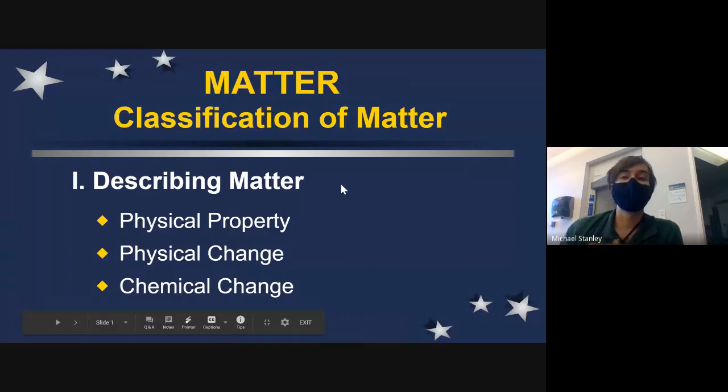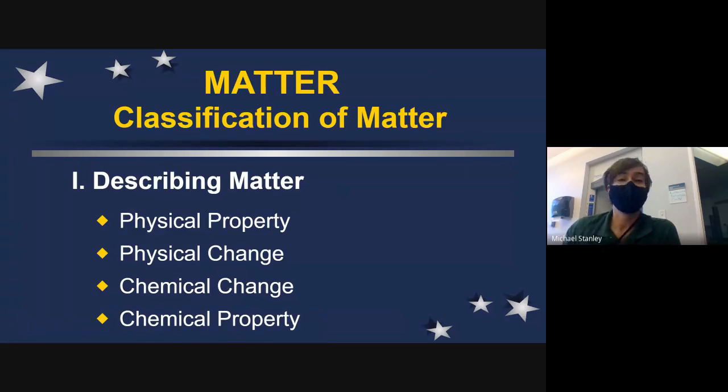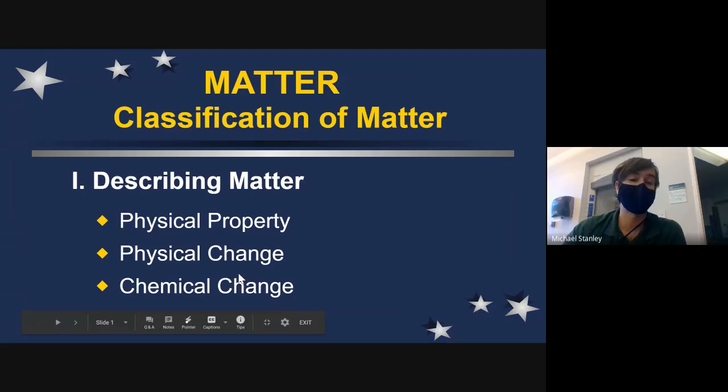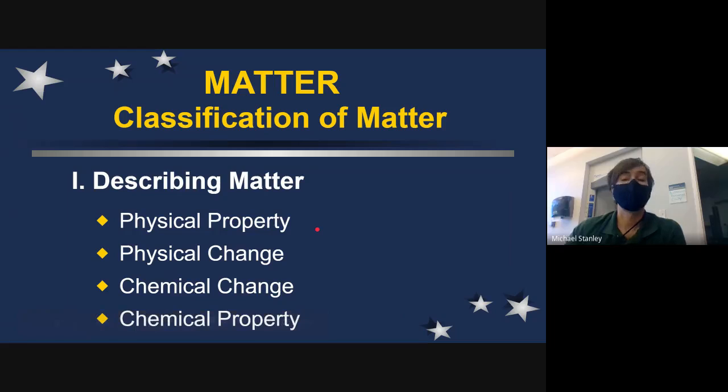There are a couple different ways that we can describe or observe the matter that is out in the universe. We can describe its physical properties and physical changes, and then we can also describe the chemical properties and chemical changes of the matter. So today we're just going to go through these one by one, talk about what they mean and what are some good examples of these things.